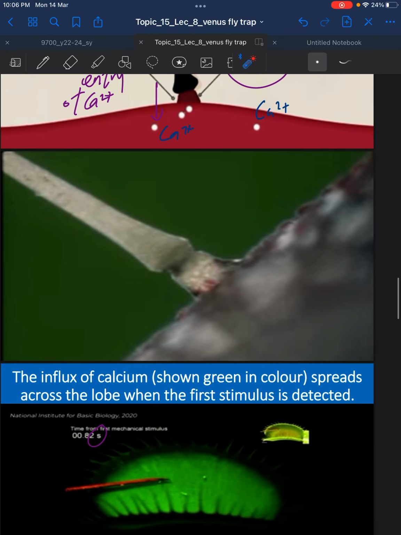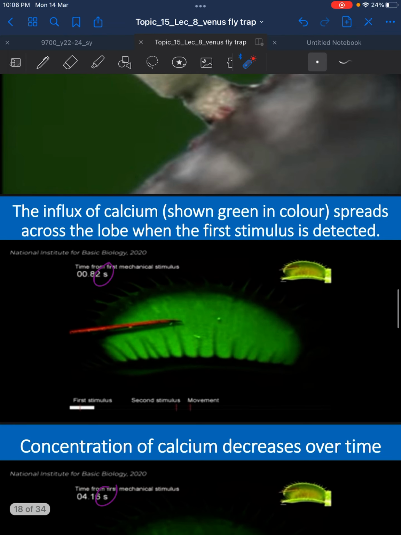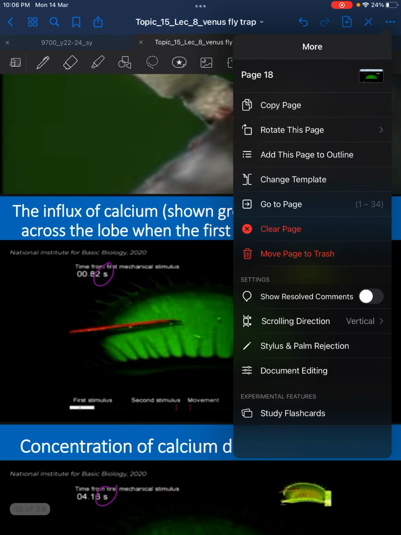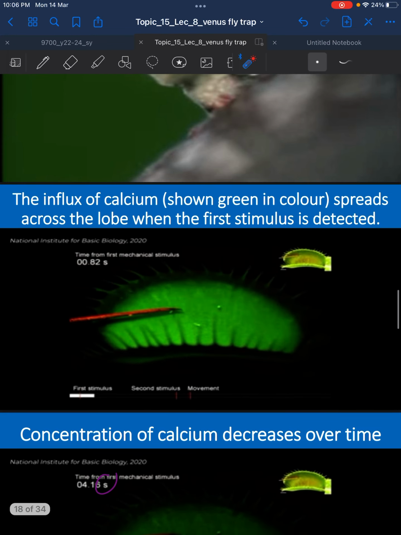Now this is actually from a video which I screenshot, just to help you understand more about the movement of calcium. This is the influx of calcium, shown in green, which spreads across the lobe when the first stimulus is detected, meaning the first hair is deflected.